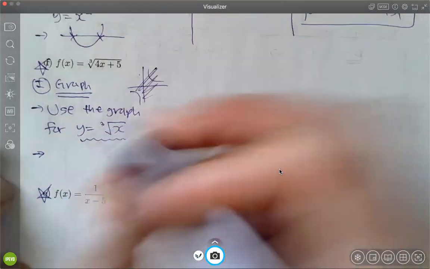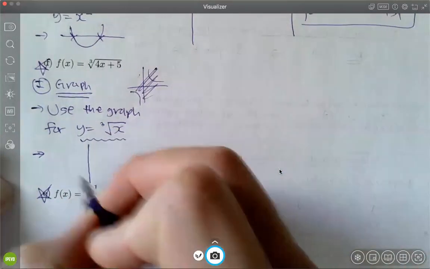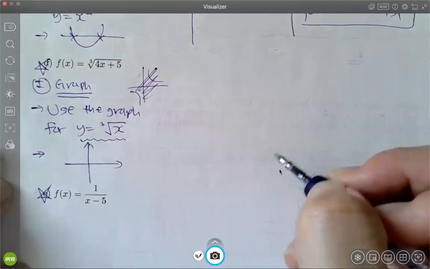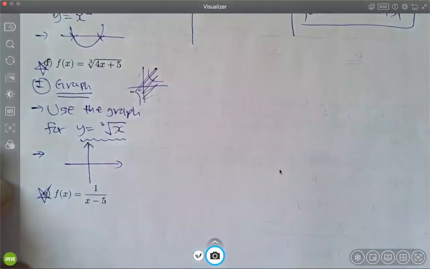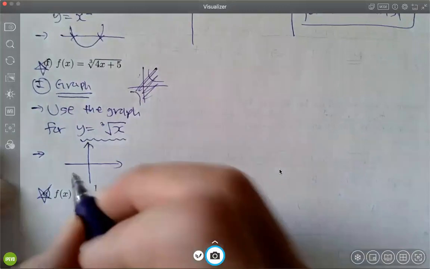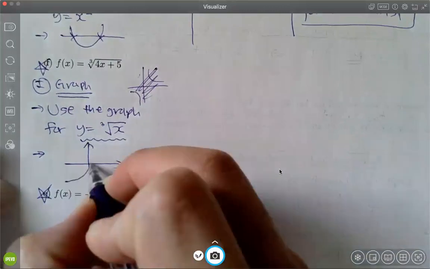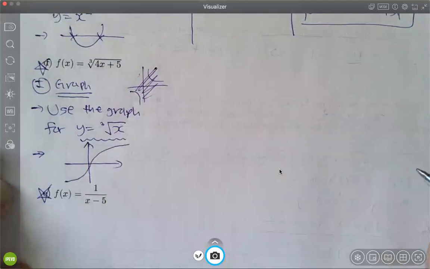But whenever you are dealing with the cube root or even the cubic thing, it kind of has the S shape or the snake thing, if you remember. Now, the cube root graph looks like this. Okay, so hopefully it may look familiar.